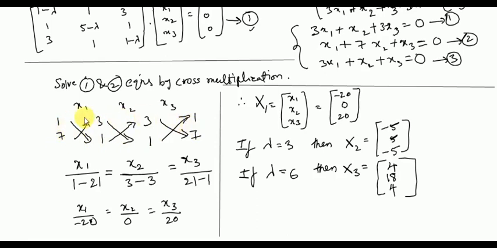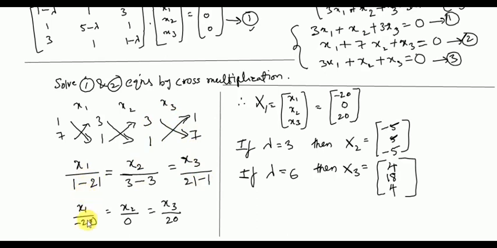Now write down using cross multiplication: x1 by 1 times 1, we get 1 minus 7 times 3 is 21, and 3 times 1 is 3 minus 1 times 3 is 3, and for x3, 3 times 7 is 21 minus 1 times 1 is 1.